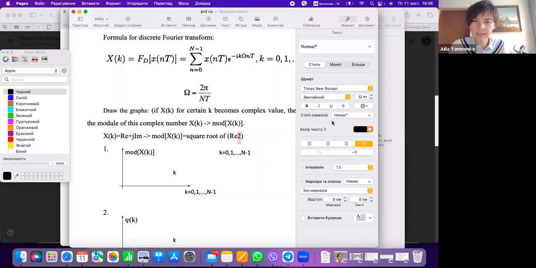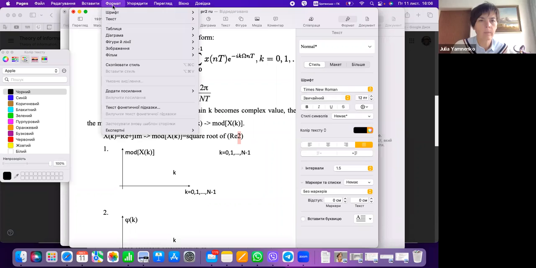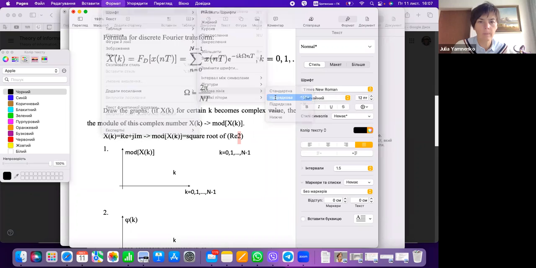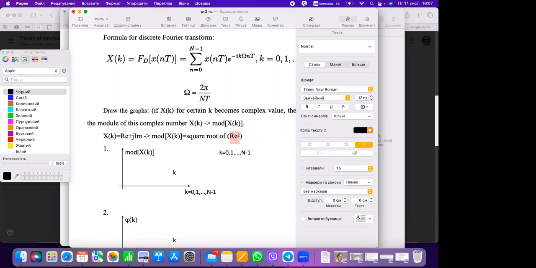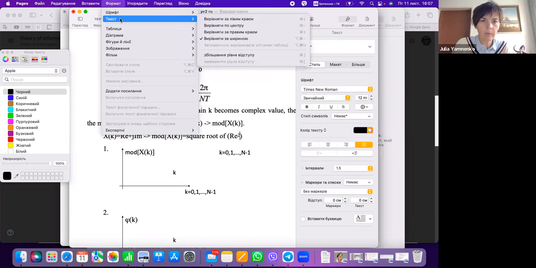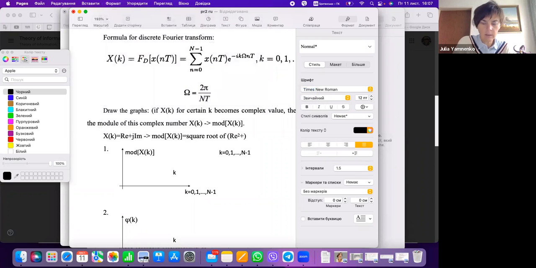Okay. So could you understand how to calculate the module of a complex value? Can you repeat again, but only the last part? Like here. Yes, exactly. So it will be real part in a square plus imaginary part in a square, right?